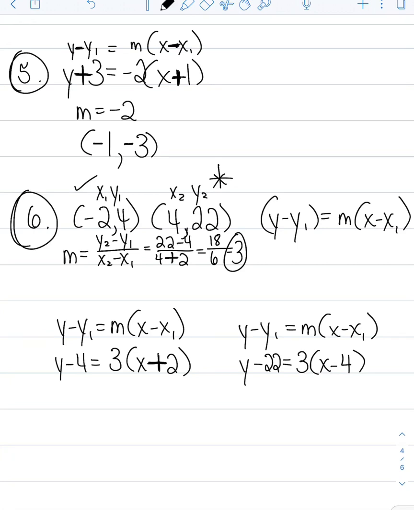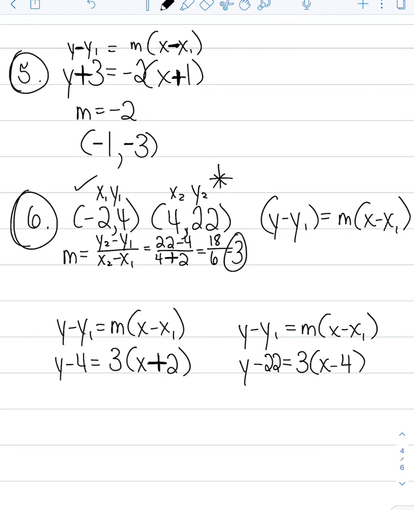Now those don't look alike, do they? Those look completely different. Do you remember whenever we studied slope-intercept form? Watch what happens when I change both of these to slope-intercept form, okay? And we do that using some of the solving equation stuff that we did before.